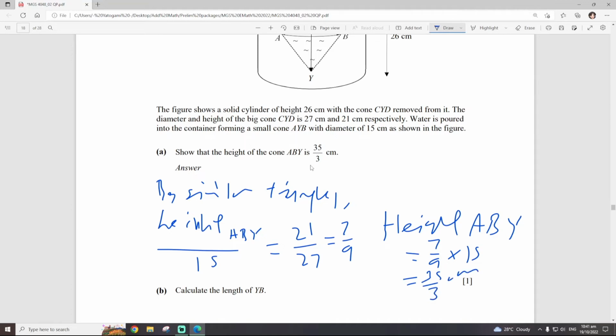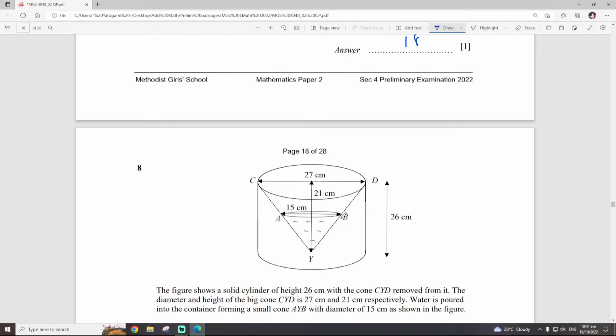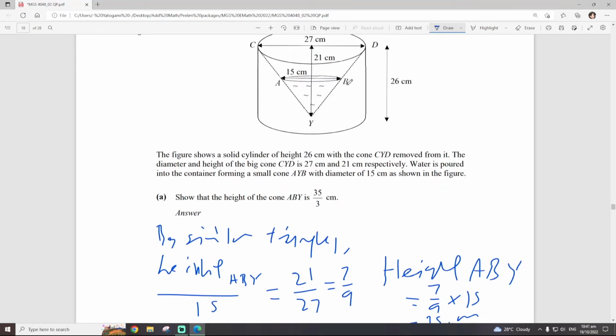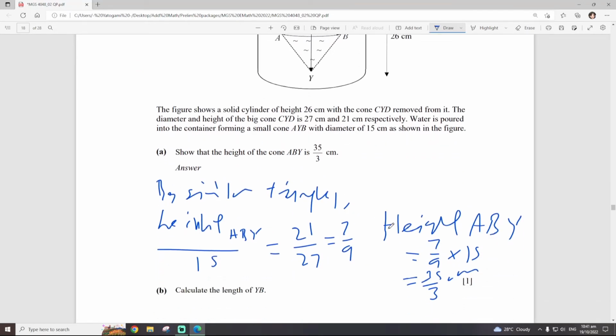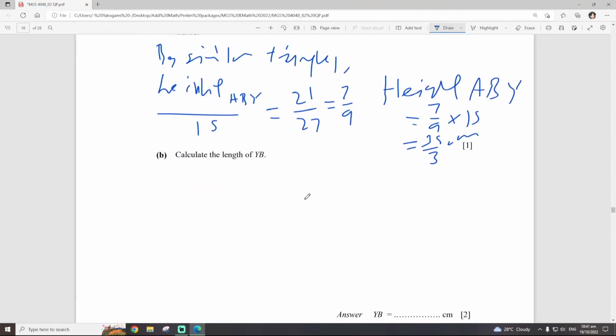Okay. Calculate the length of YB. YB will be, we can use Pythagoras. We'll use 21 times, actually no. We have the height of the water already. So we use 35 over 3 and 15 over 2. So, or rather plus.